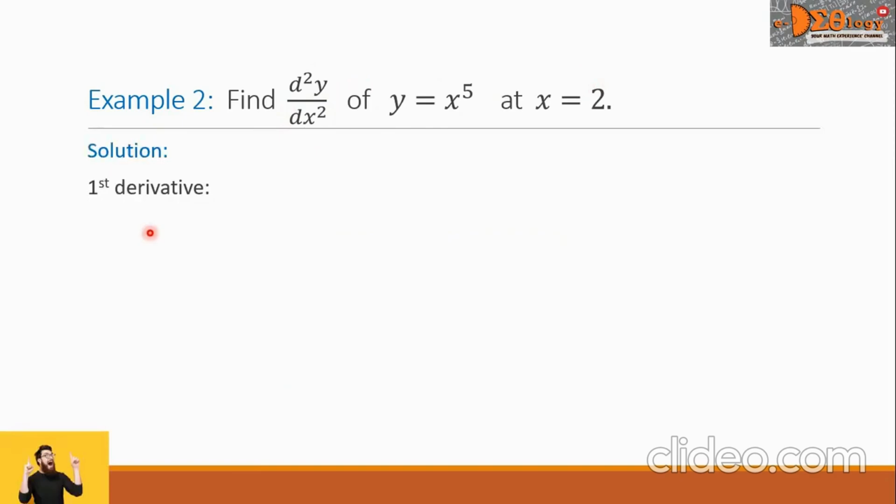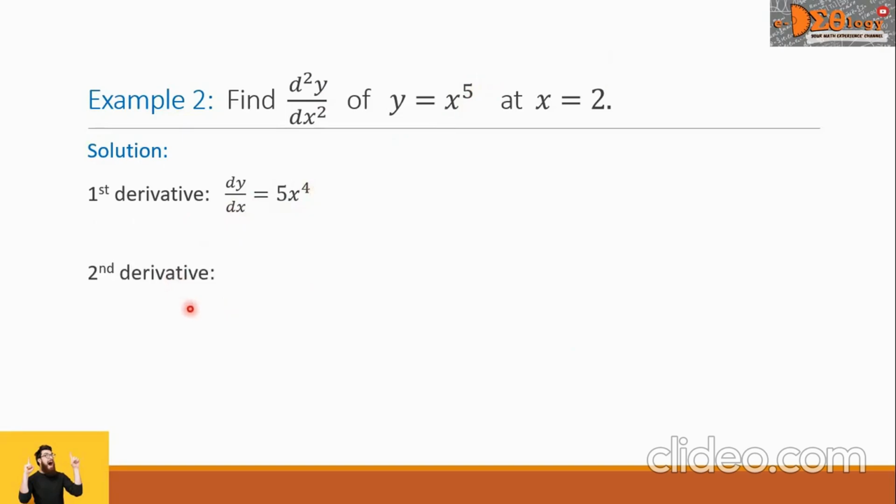Let's begin with finding the first derivative. So we have dy over dx equals, the power 5 comes down here as coefficient. So we have here 5x raised to the power 5 minus 1, which is 4. So the first derivative is equal to 5x raised to 4.